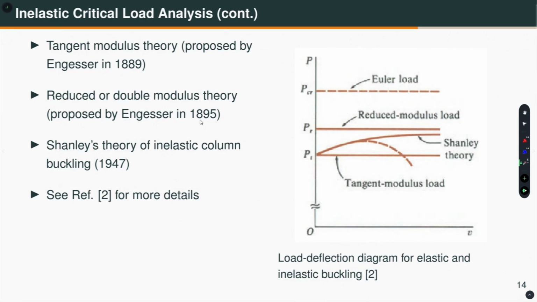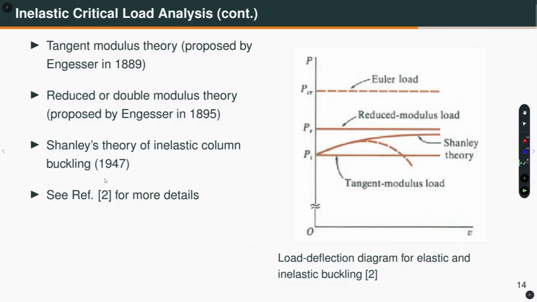And then in 1895, Engesser revised the theory and developed the reduced or double modulus theory, according to which the inelastic buckling load is the reduced modulus load, which is larger than the tangent modulus load, right.